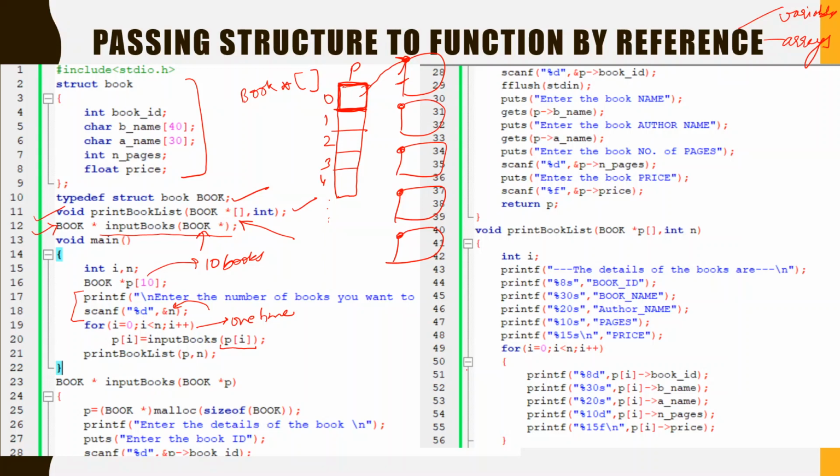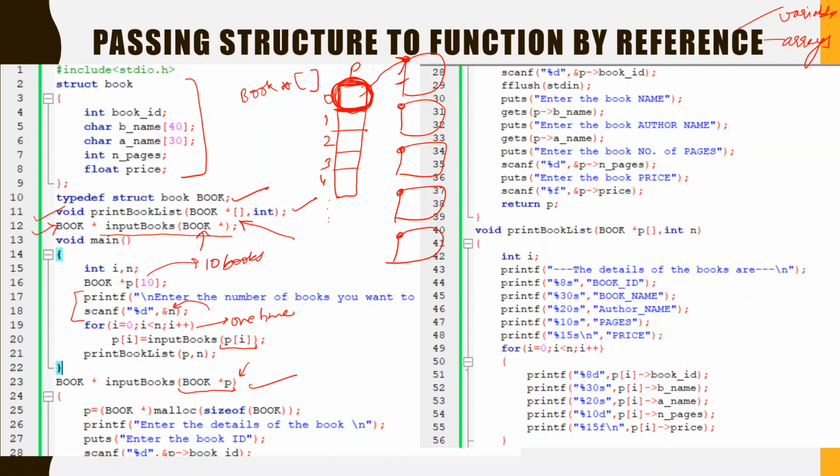So we have passed this particular element to the function, and this pointer holds it. This element of the array is received by this pointer p.